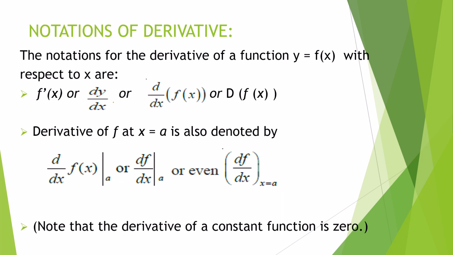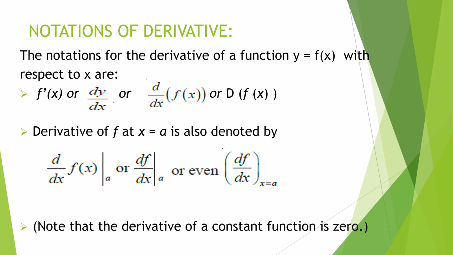Now the notations for a derivative. Suppose you have the function y is equal to f(x). When you take its derivative with respect to x, it is denoted by f dash of x, or dy by dx, or d by dx of f(x), or capital D of f(x). So these are the notations for a derivative.